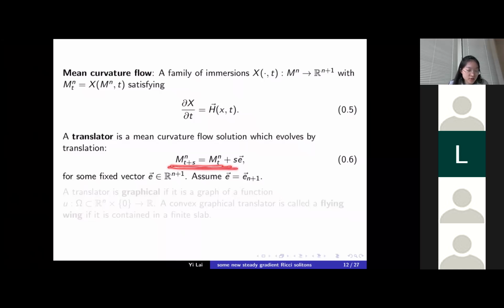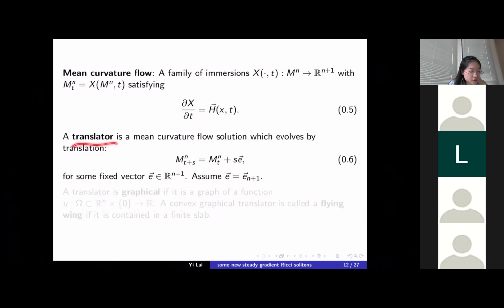That means the image of this immersion evolves under translating, satisfying this translating equation for some fixed vector E. Usually we assume that this E is a non-zero vector, because otherwise, if it is zero, we would only be looking at minimal surfaces. So we assume it is non-zero, and we normalize it, and usually we pick this translating vector E, this velocity vector, to be equal to this one.